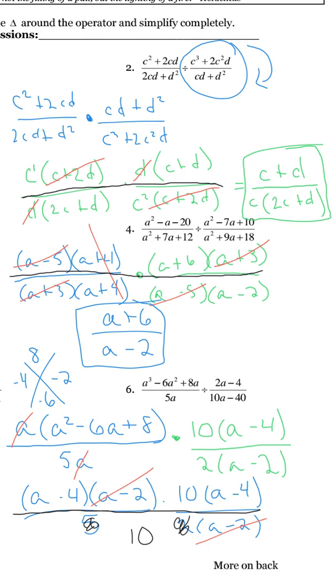So I'll scratch out 5 and 2. And now look, it can cancel with that 10 on top. So the 10s go away. And all that we're left with is a minus 4. And then we have 2 of them, so we're going to write it as squared. So a minus 4, the entire thing squared.